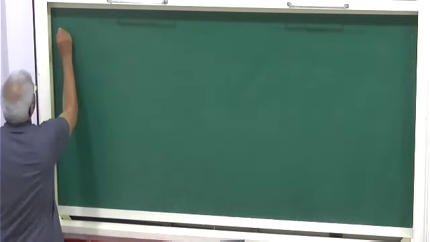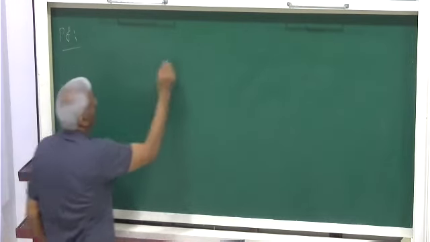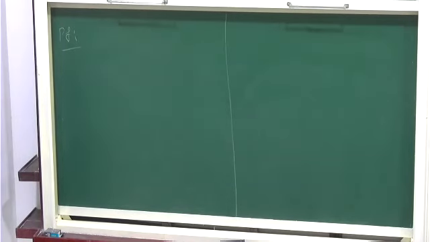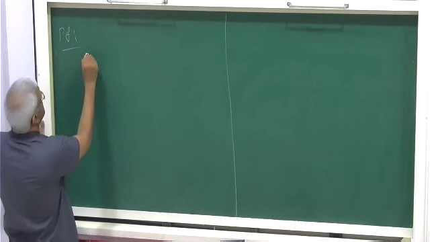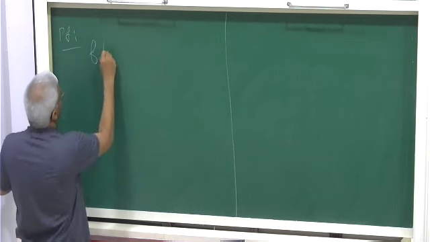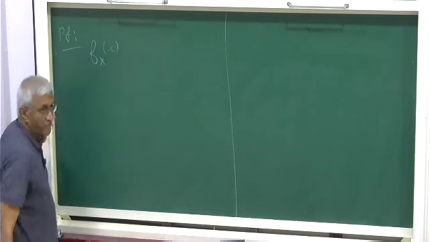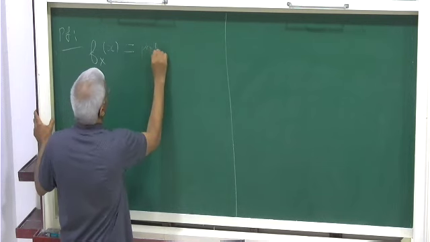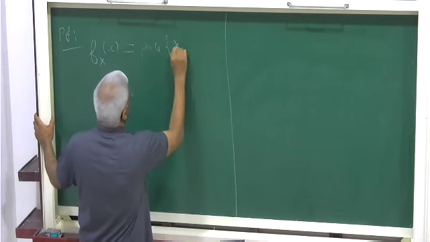So, the proof of this is actually easy to prove. We want to compute f_x at some x, which is equal to the probability of X equal to x.